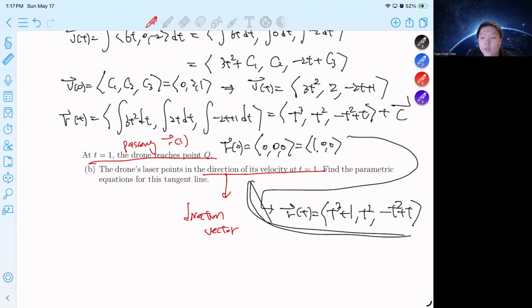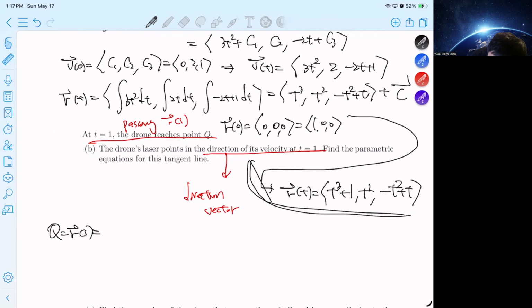So that's why I say, if you want to find an equation of the straight line, you only have to find the direction vector and the point passing. So now we just plug it in. So Q is R(1). So R, we already have it. So it'll be 2, 1, and 0. This is Q. Let me check a little.